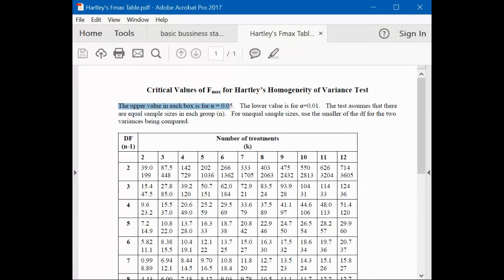Sir, yes. I wanted to confirm that when we get F max, we go to the F tabulated. That N bar is the total: we add the number of replications of each treatment, divided by the number of treatments.